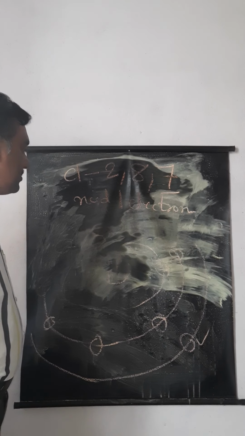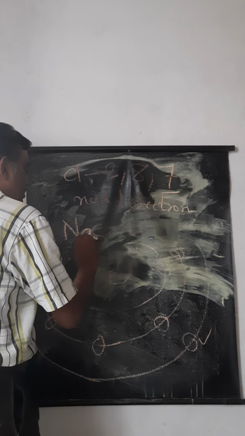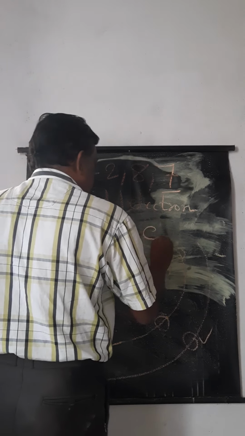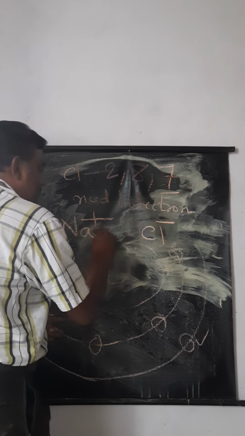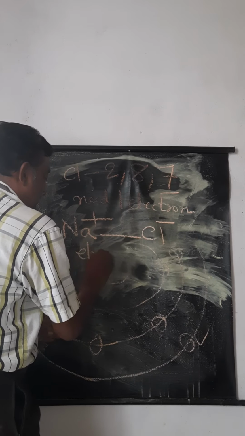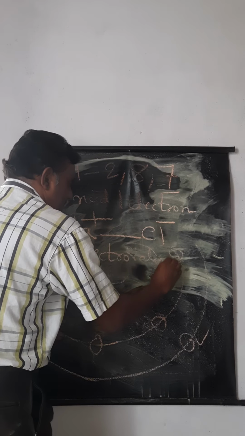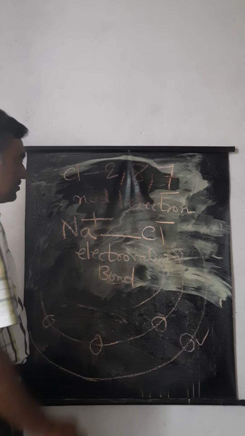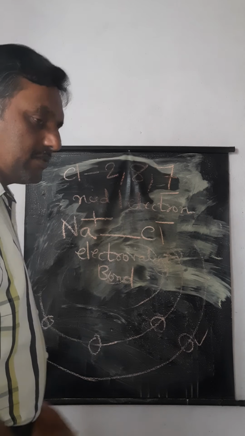When sodium comes in contact with chlorine, sodium loses 1 electron and forms a positive sodium cation, and chlorine accepts 1 electron and forms a negative anion. These two are joined by an electrovalent bond. So, in this case, we have explained the electrovalent bond.